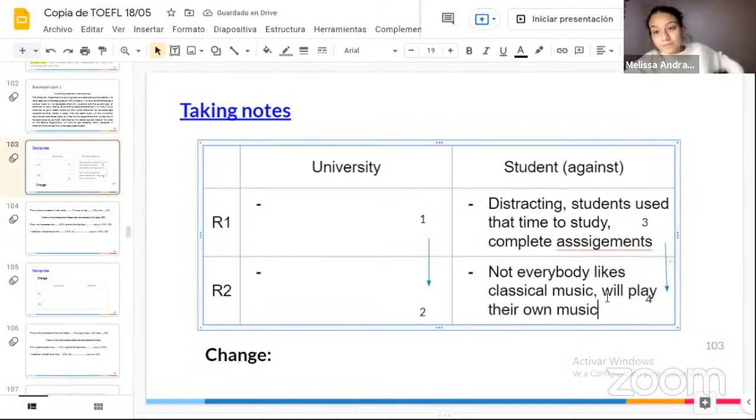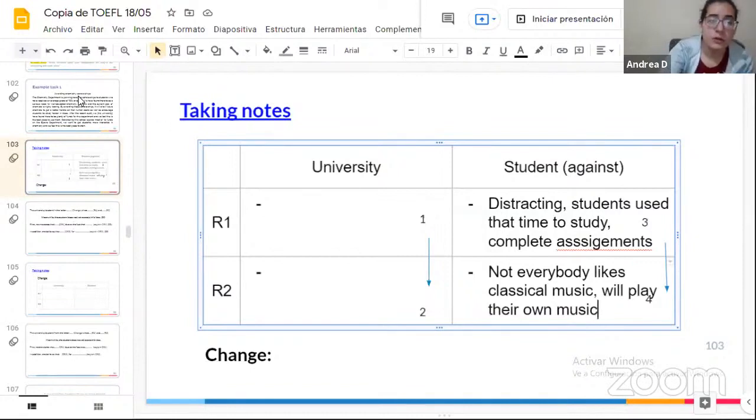And I like that because, okay, and here's another tip, especially in your response. You can say the student believes that this will be distracting for them because they want to use that time to study and complete assignments. Or the student believes that not everyone likes classical music, so they will play their own music.